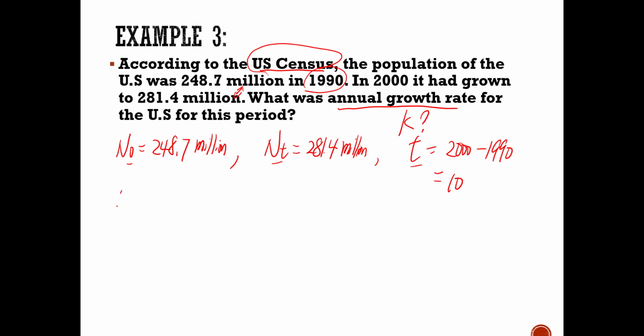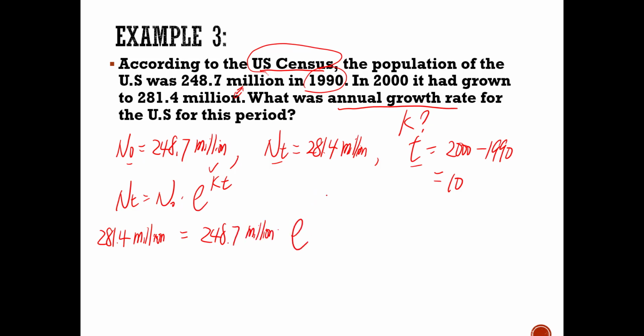Okay. So NT equals N0 times E to the KT, and we're solving for K here. So NT, that's 281.4 million, equals 248.7 million times E to the K, unknown, but the time T we know, so it's K times 10. And as you can see, since they have the same unit on both sides of the equation, that's why we didn't expand it.